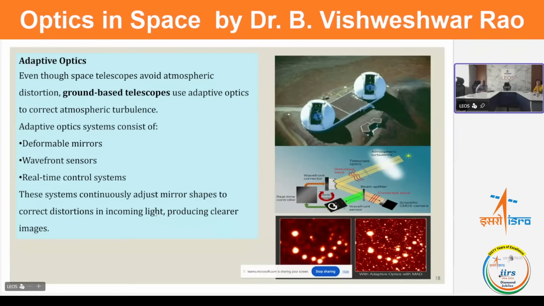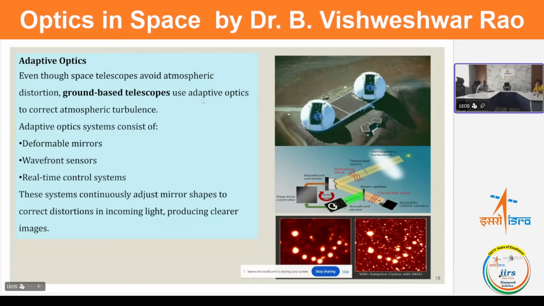Nevertheless, we can still image using ground-based telescopes, but there is a problem of atmospheric turbulence, which plays a greater role in ground-based telescopes.